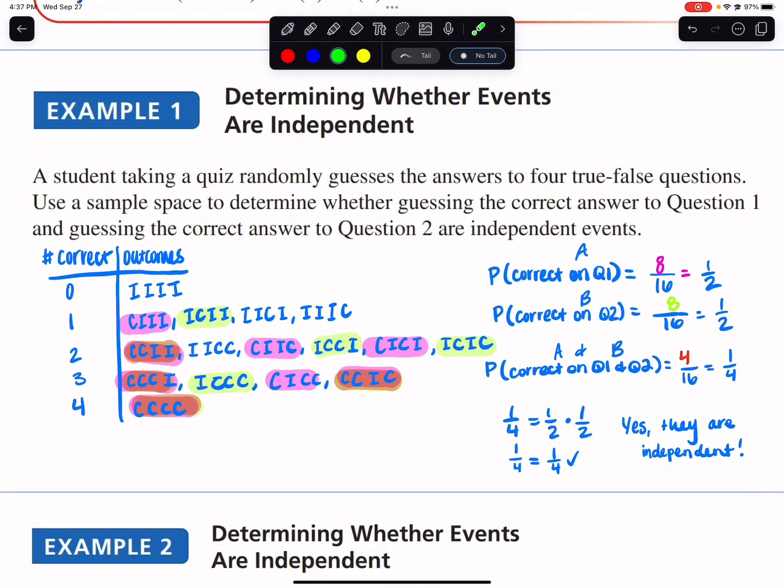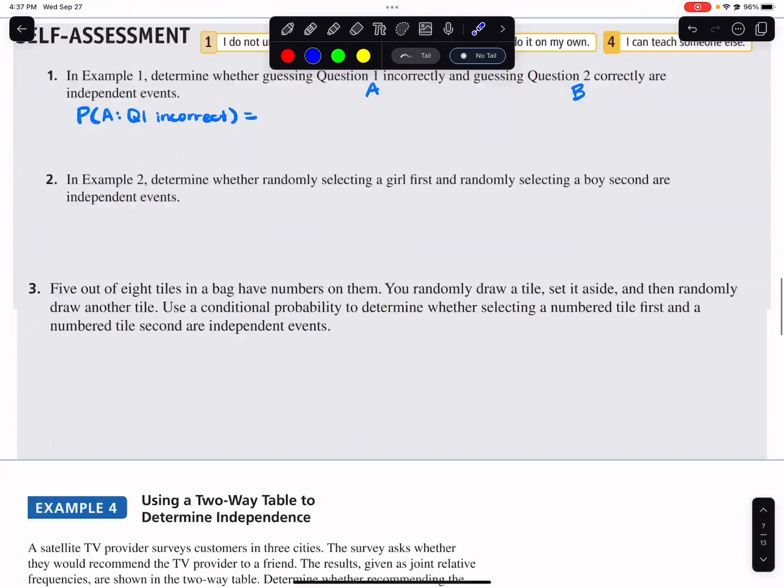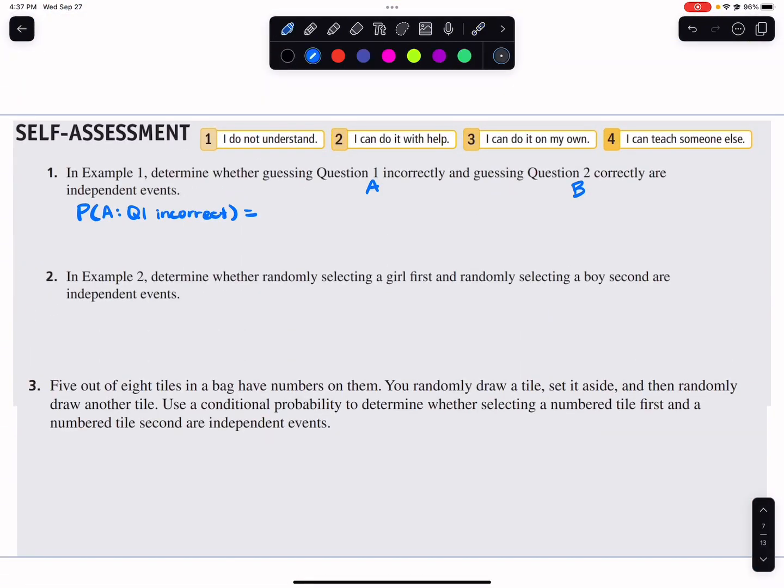So that's going to be 1, 2, 3, 4, 5, 6, 7, 8 out of the total 16, which is 1/2. Then I'm going to find the probability of B, question 2 correct.